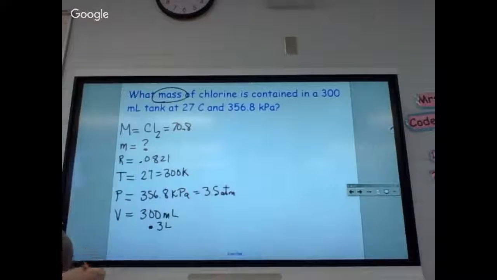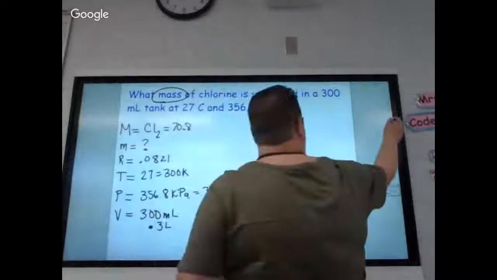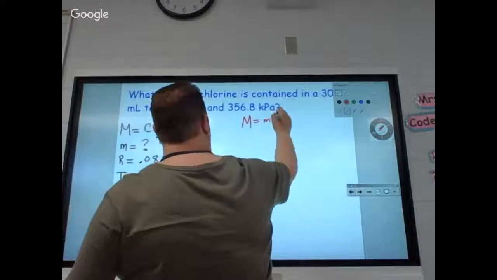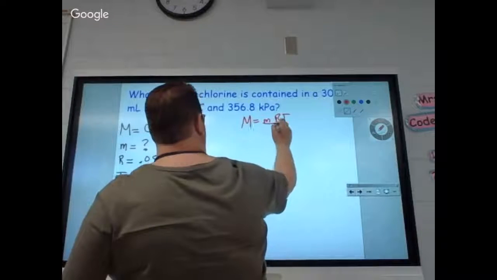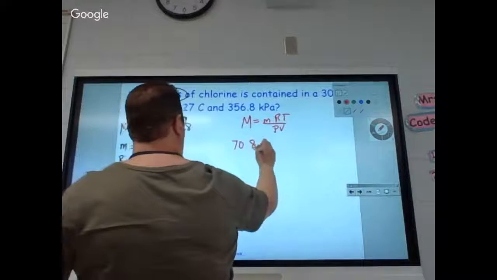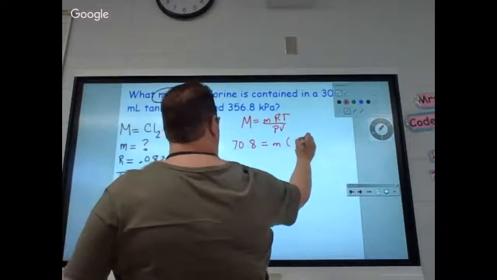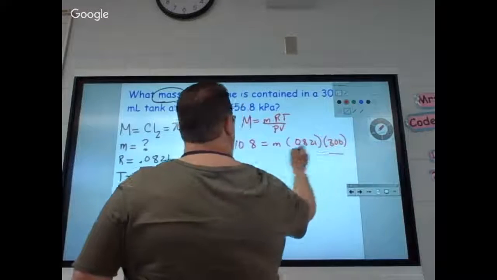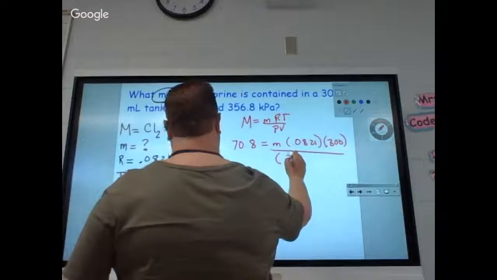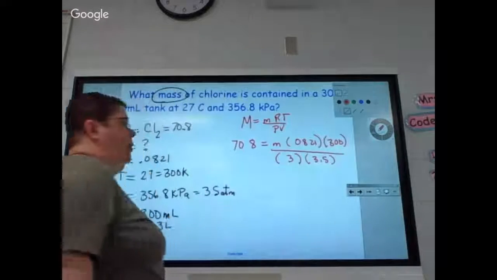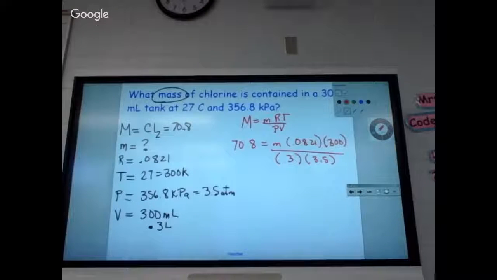Now, the formula is big M equals little m RT over PV. So 70.8 equals M times 0.0821 times 300 over 0.3 times 3.5. Now all that's left is to use your algebra skills to solve.